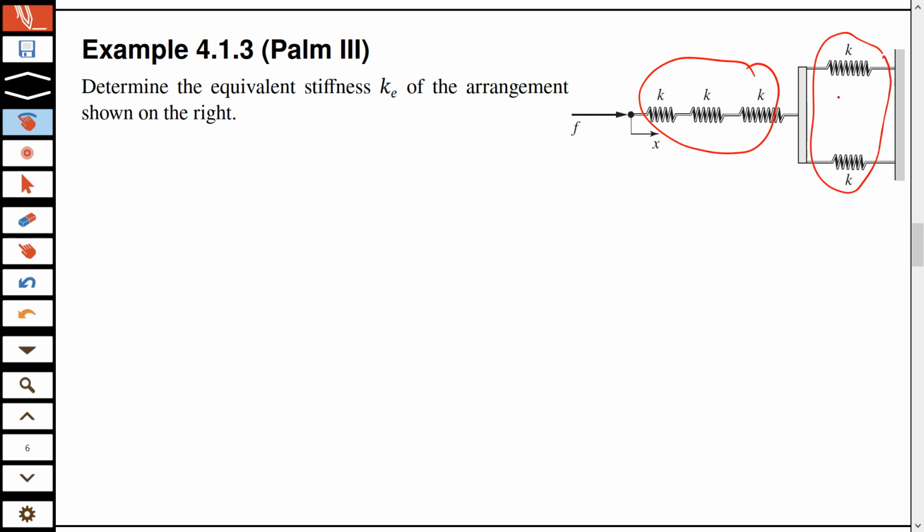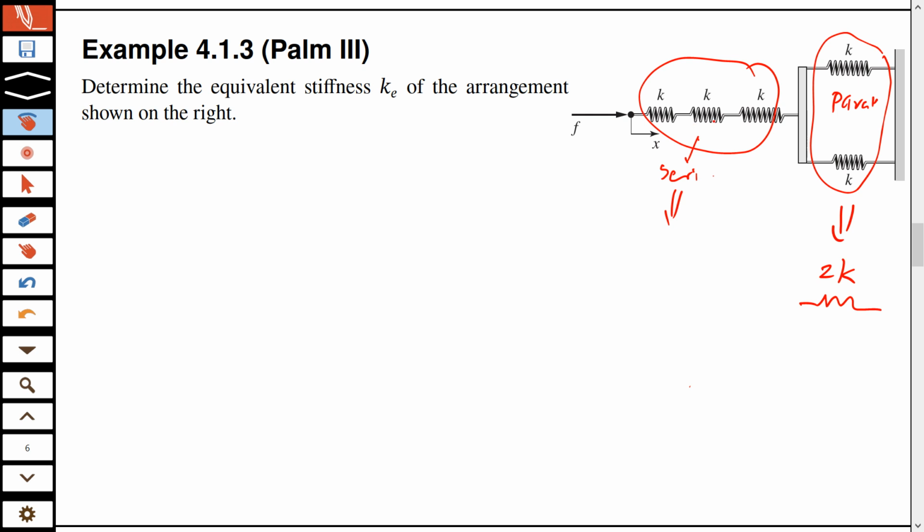So these two are in parallel, these three are in series, and then the resultant of this and the resultant of this are in series again. So अब इन दो का जो equivalent होगा वो क्या होगा, इन दो का बताएं, because they are in parallel, तो हम क्या लगाएंगे यहाँ पे, we'll simply add them, so which means that it will be k plus k, which is 2k.